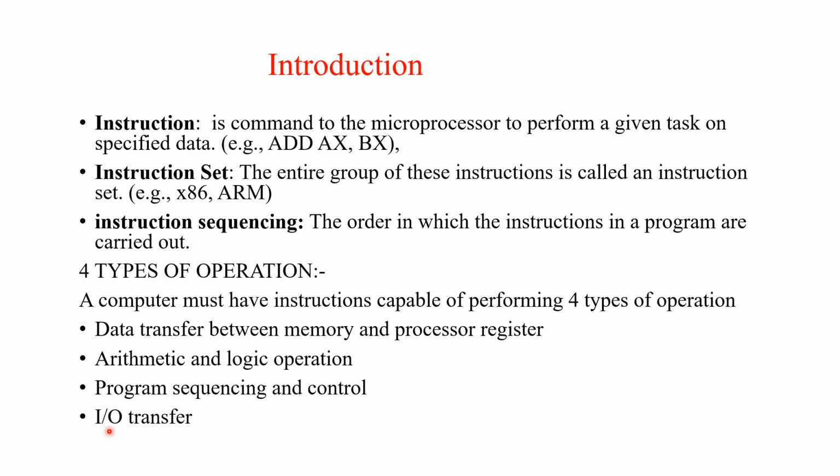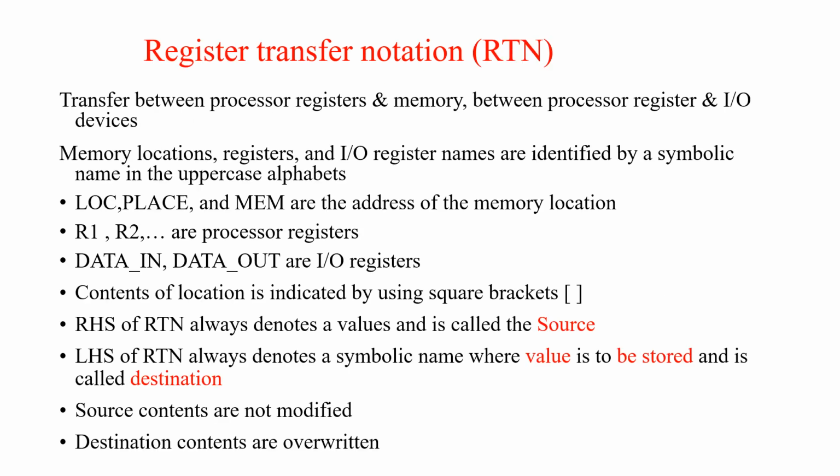And finally, input and output transfer. Input output instructions manage data transfer between the processor and external devices, for example keyboard and display. Instructions like IN and OUT perform input output transfers.